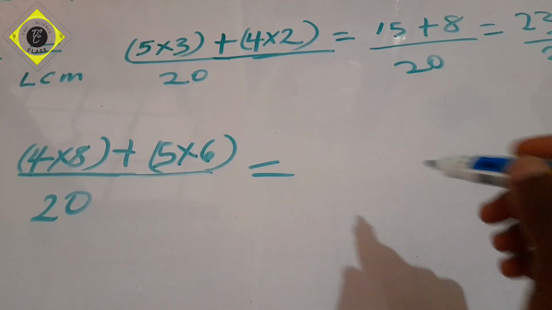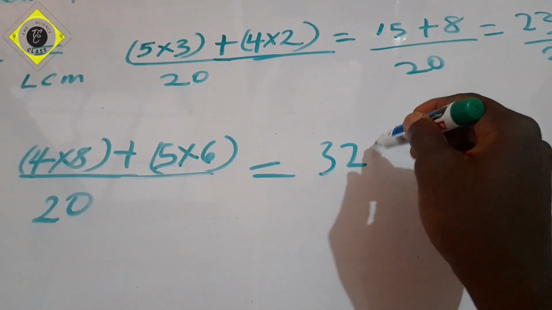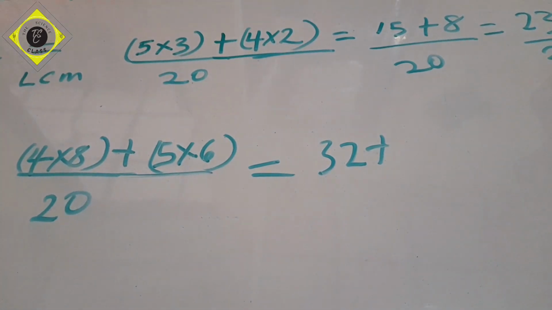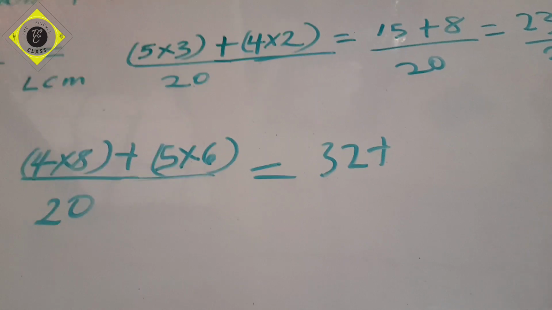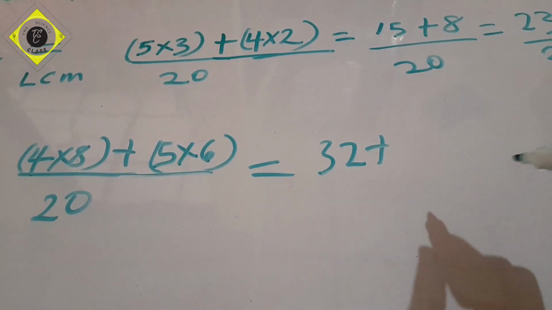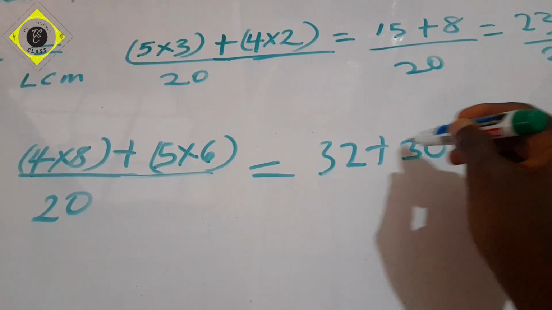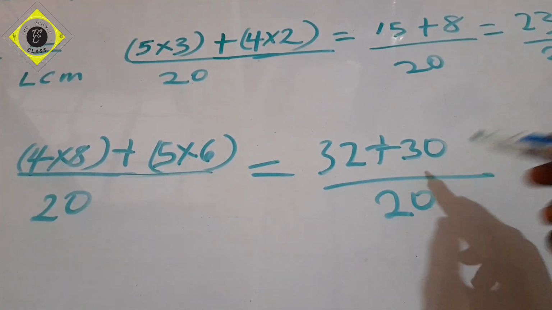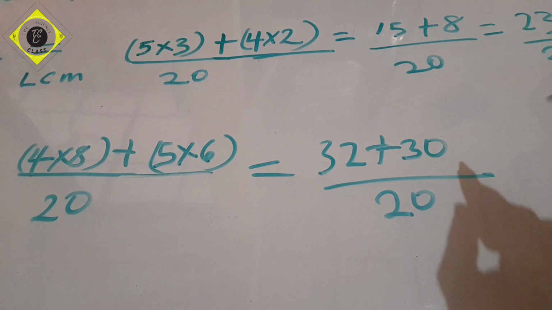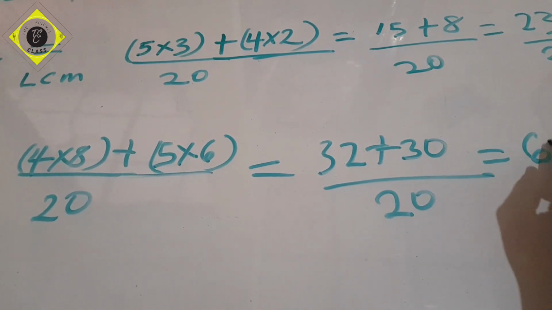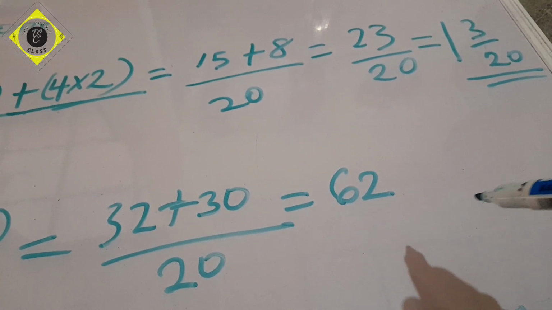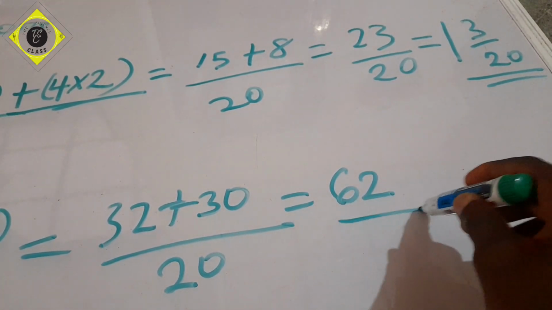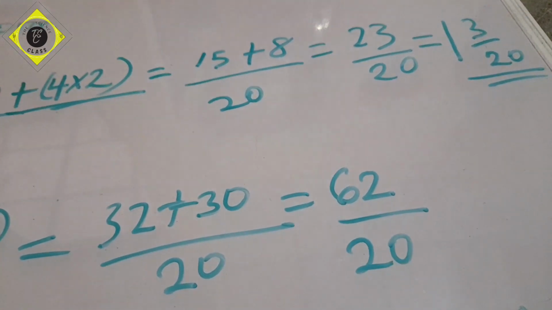4 times 8 is going to give you 32. 32 plus 5 times 6, which is 30, all over the LCM, 20. So 32 plus 30 is going to give you 62 all over 20.